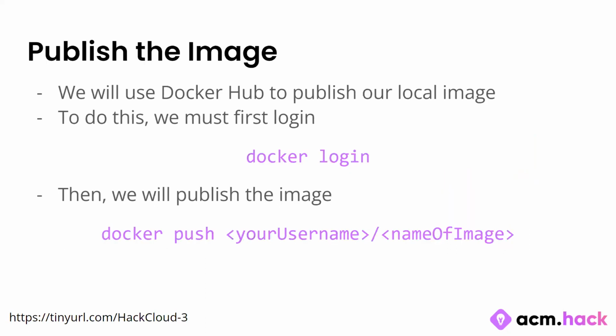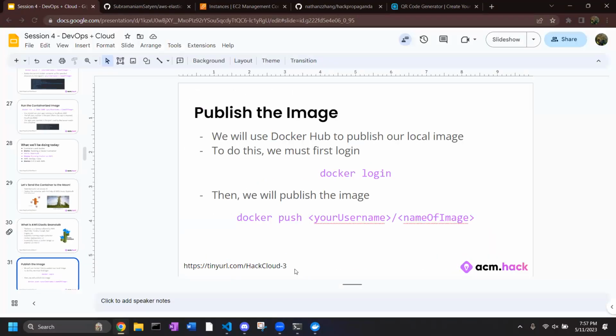So first, you must log in, and then you will publish your image. So if you haven't logged in through Docker Desktop, then you would log in on Docker Desktop. Otherwise, you would type in docker login on the terminal, enter your credentials, and it'll log you in, and we'll push the image. So let's actually see that here.